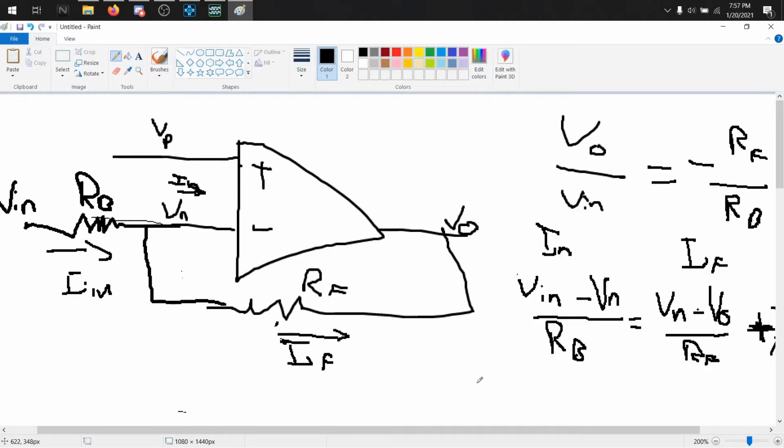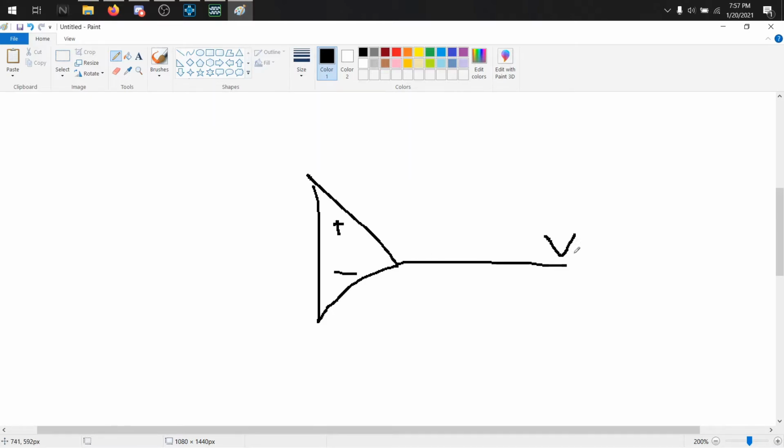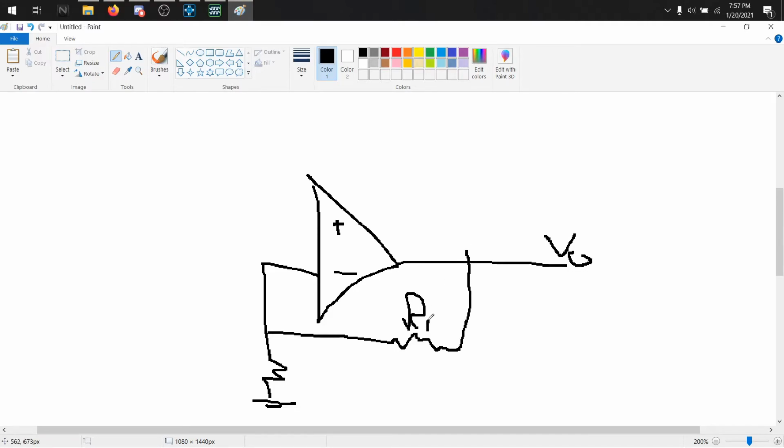And then now if we do a non-inverting op amp, so you have V out over here, and so we have RF, RB.